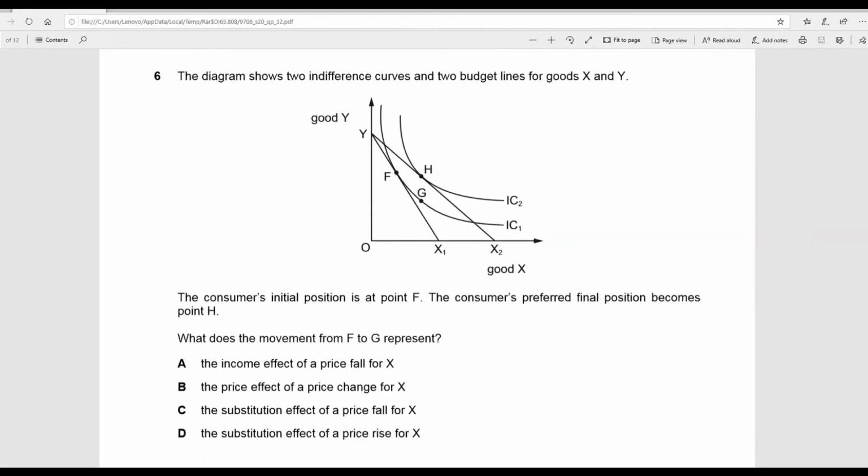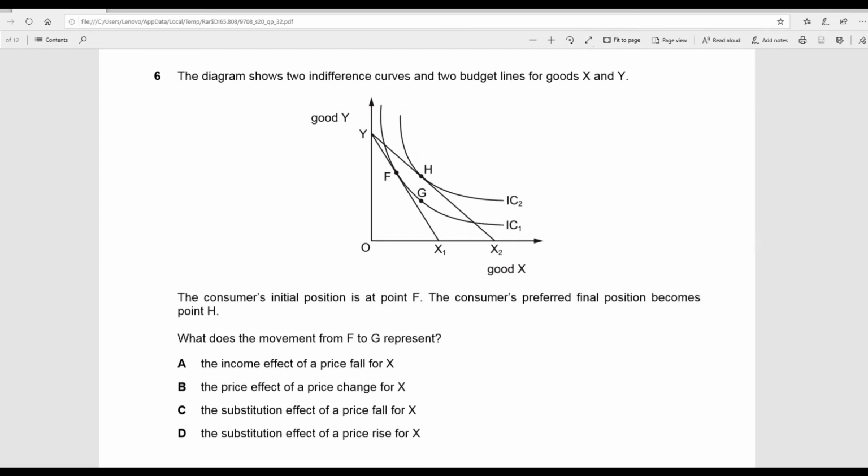Question number 6 is, the diagram shows two indifference curves and two budget lines for goods X and Y. The consumer's initial position is at point F. The consumer's preferred final position becomes point H. What does the movement from F to G represent?